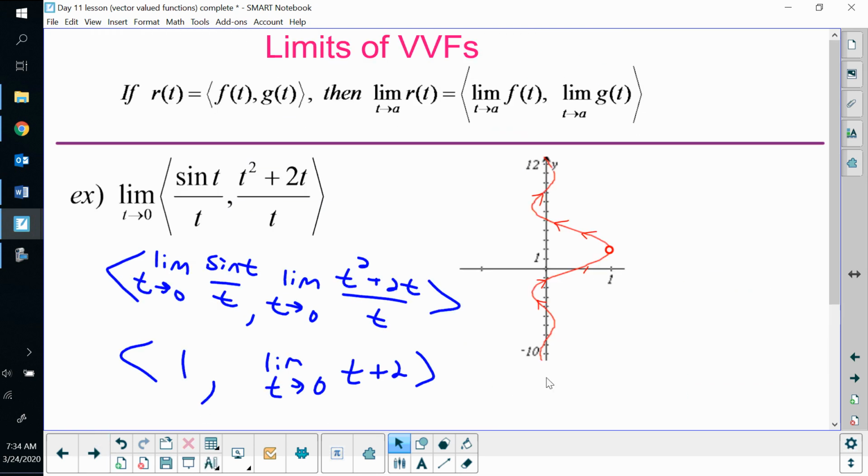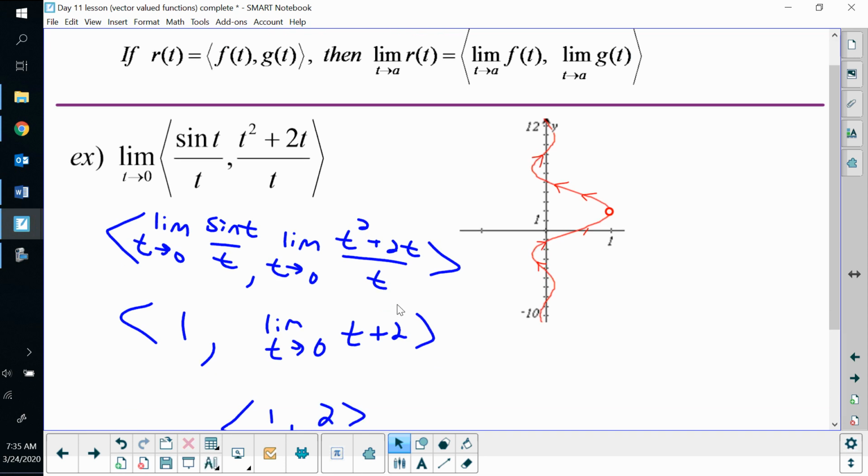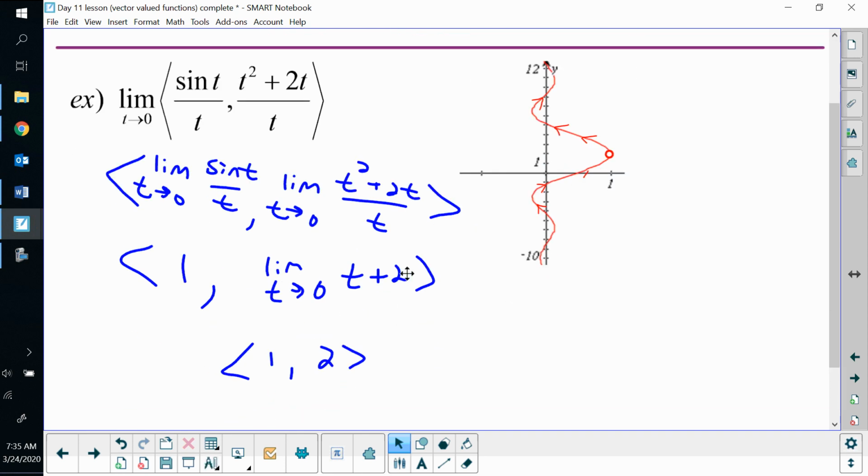All right, so vector valued functions, you could have limits. If you do the limit of an entire vector valued function, it's the same as doing the limit of each of the parts, the first part and the second part. So if we wanted the limit of this as t approaches 0, our limit of our first part, hopefully we recognize, as that approaches 0, it's just 1. The limit of the second part, we could divide a t out of each of them, and then as t goes to 0, that part's just 2.